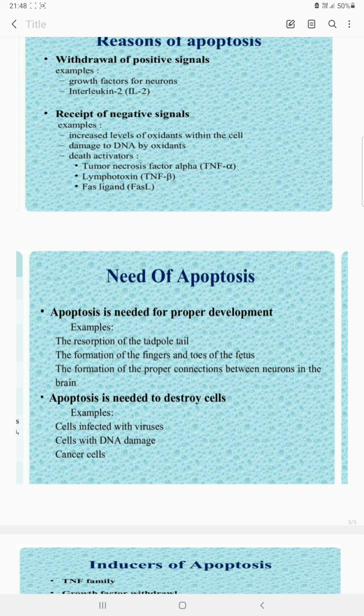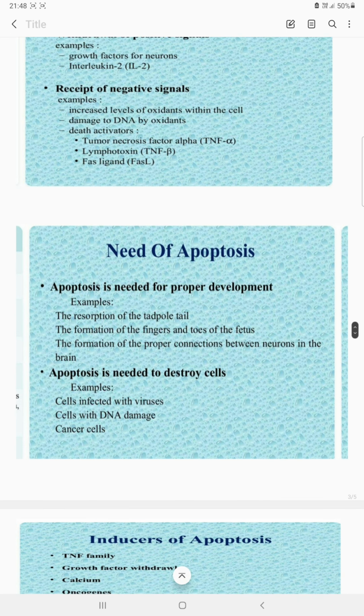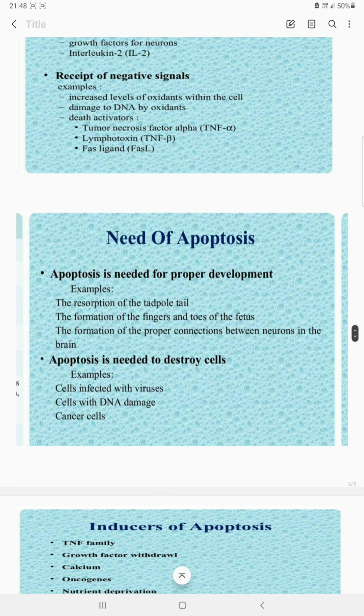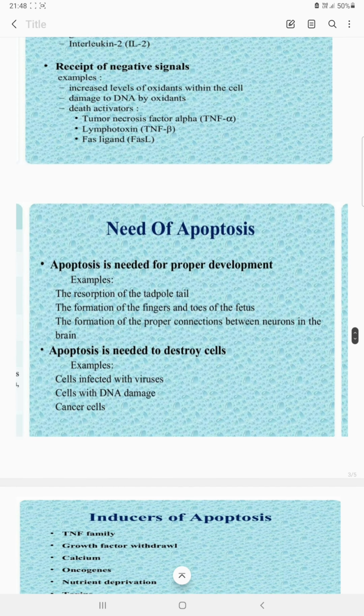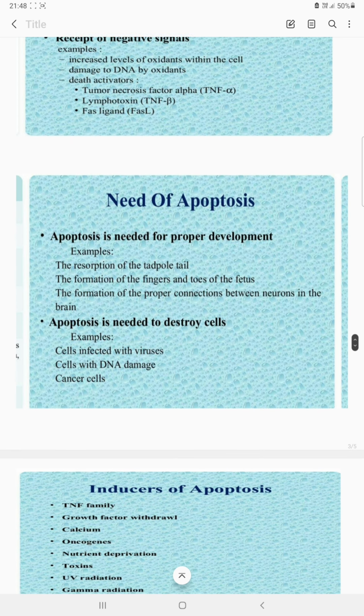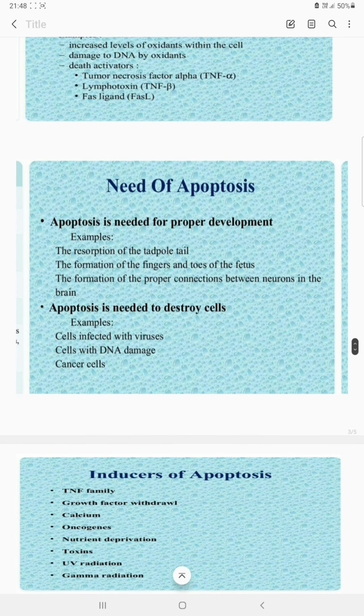This is a tumor necrosis factor that we have inside us, responsible for eliminating tumor cells, along with lymphotoxins and Fas ligands. You can call lymphotoxin TNF beta also.